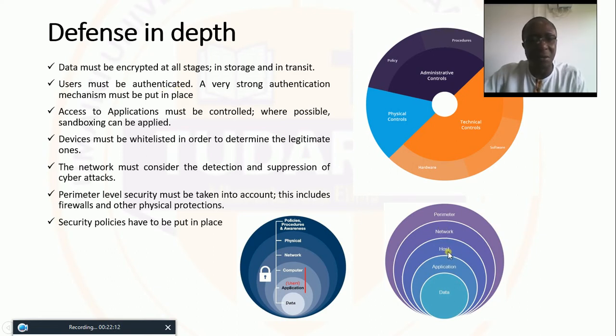Access to applications must be controlled. Not every other application should access another application. If you don't control access to applications, you make yourself vulnerable to attack. Then the security of the entire system can be breached.